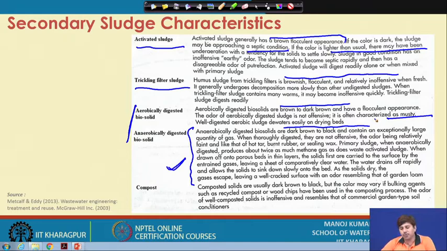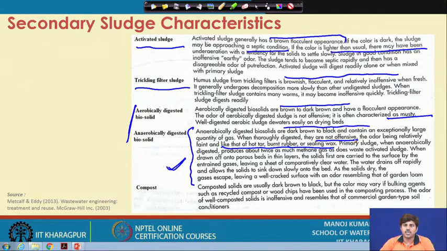So, when it is properly digested, okay, there will not be much offensive odor, but if it is not properly digested, then there might be a problem of odor, which is relatively faint, like the odor of hot tar, burnt rubber, or this kind of waxes. The primary sludge, when anaerobically digested, produces about twice as much methane gas as does the waste activated sludge.